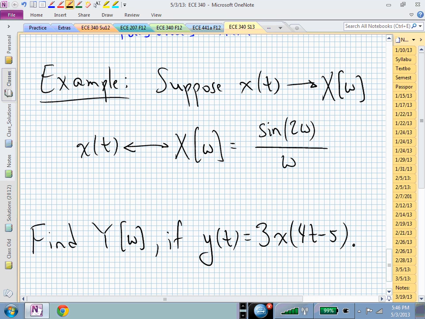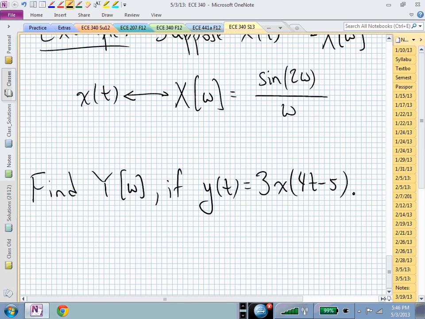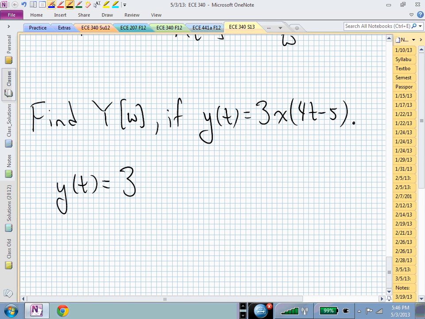This is going to require that you apply several of these theorems in terms of transform relationships, and how do you obtain capital Y of omega given capital X of omega, knowing how the time domain signals are related. If we now rewrite y of t, we have the 3. That's simply a scalar multiplication.